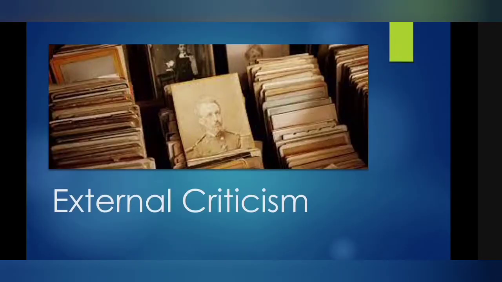External criticism is concerned with establishing the authenticity or genuineness of the data. This is when historians check the validity of a source to verify whether or not it's authentic. Here, we have to question whether or not we can trust the data and use it as a reference point.